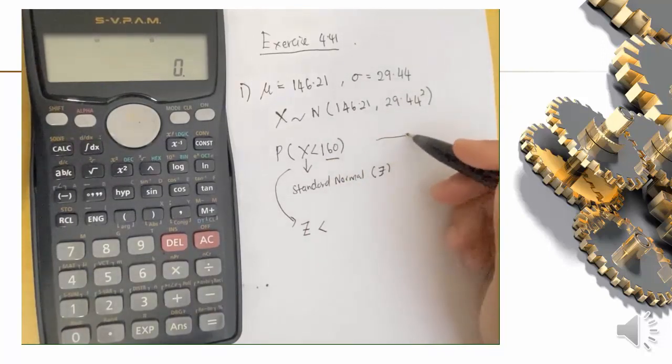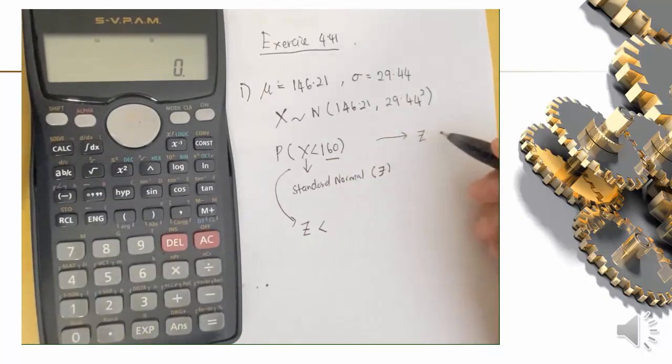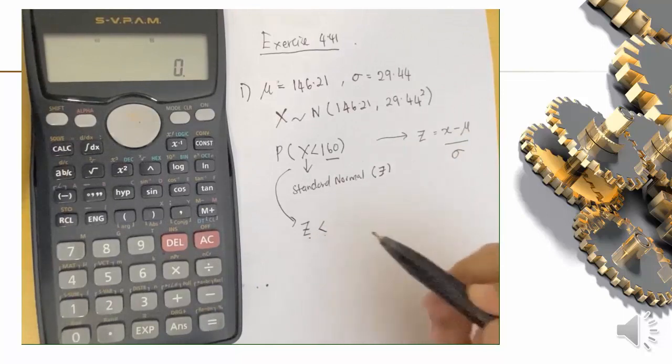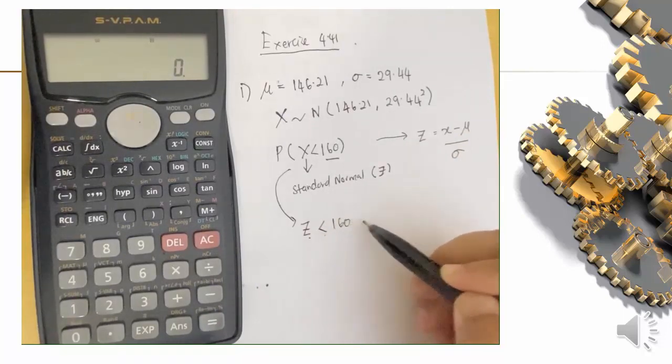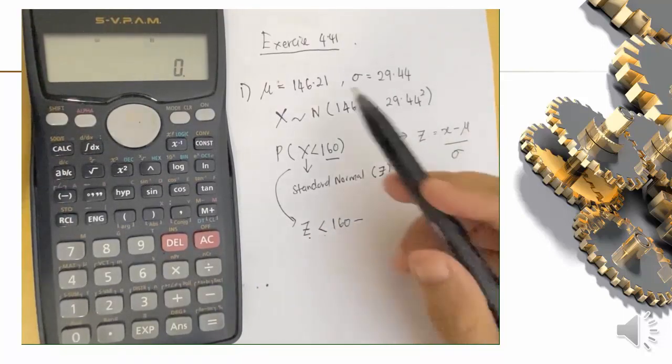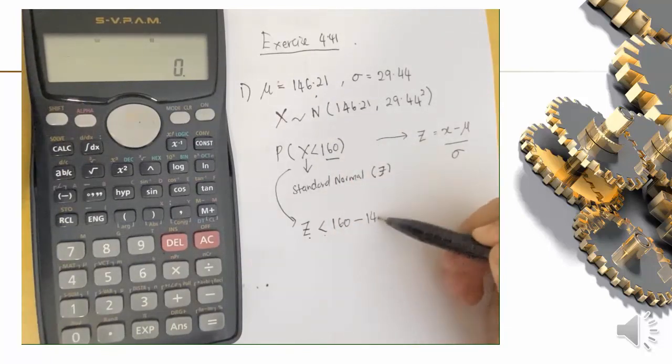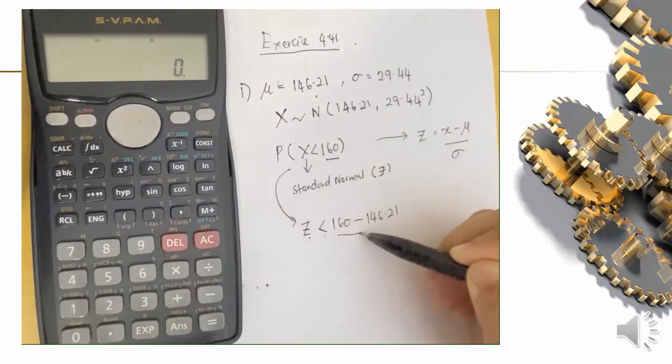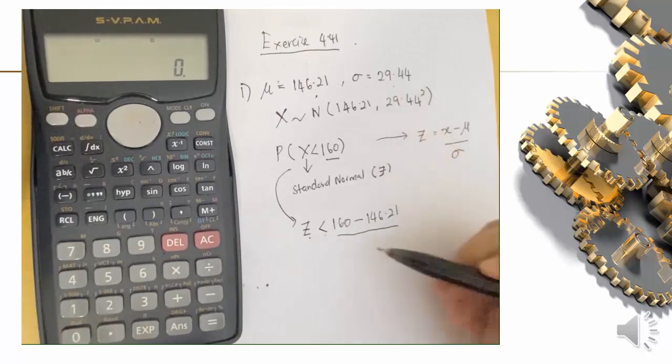You know that the formula z is equals to x minus mu over sigma. So z less than 160 minus mu, 146.21, divided by sigma 29.44.